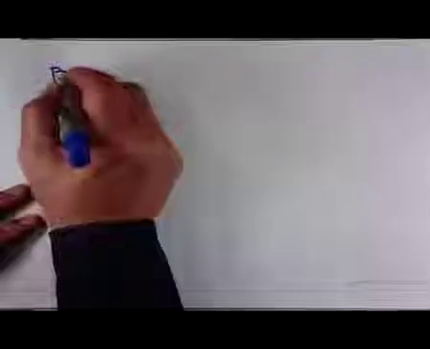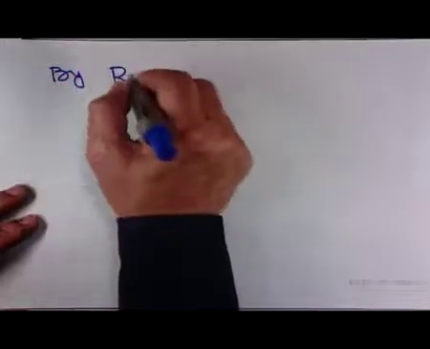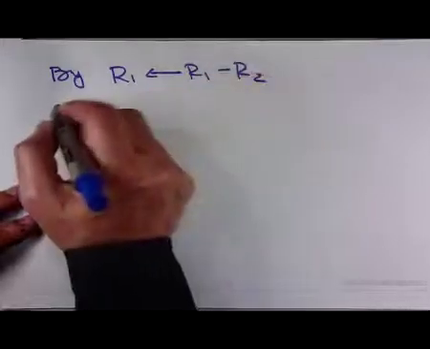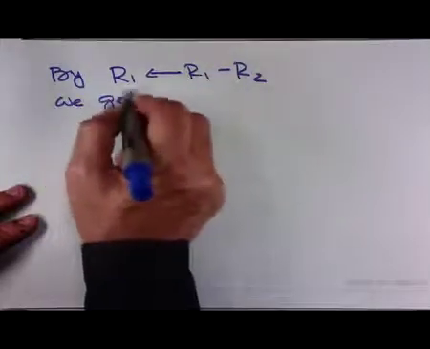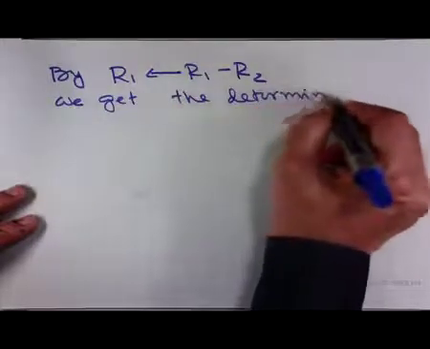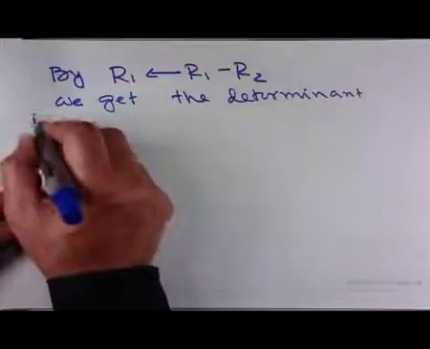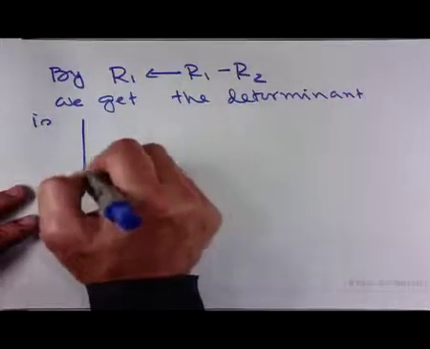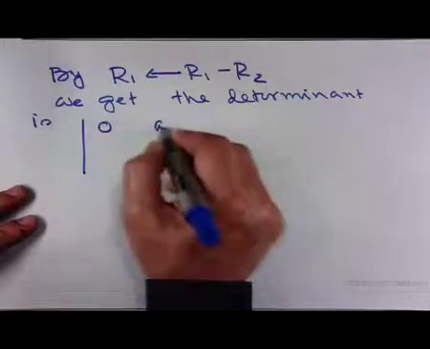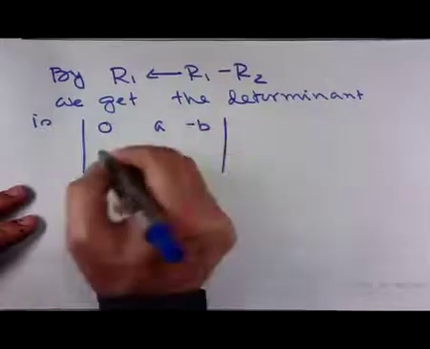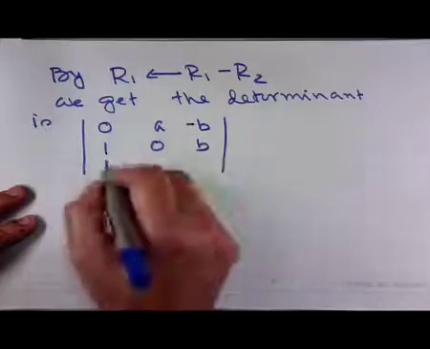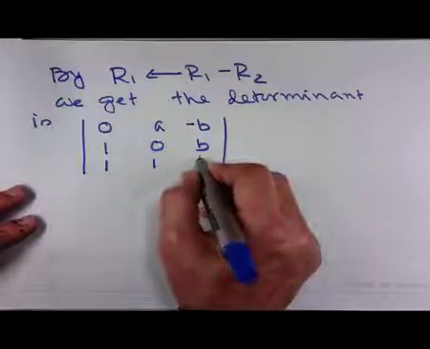By replacing R1 by R1 minus R2, we get the determinant as [0 A-B 1; 0 B 1; 1 1 1] equal to 0.